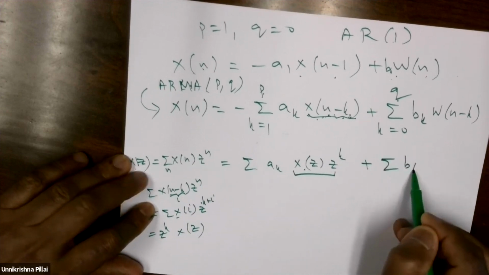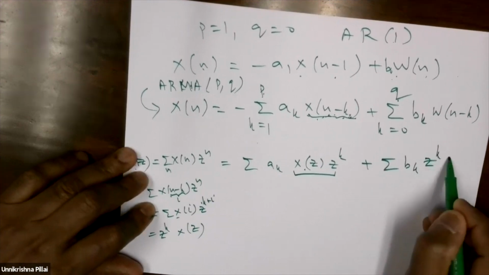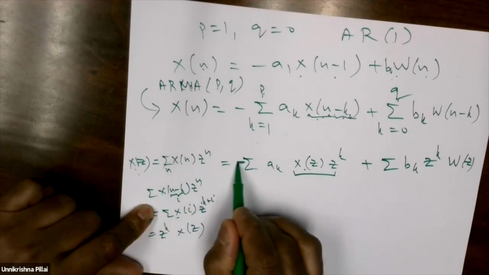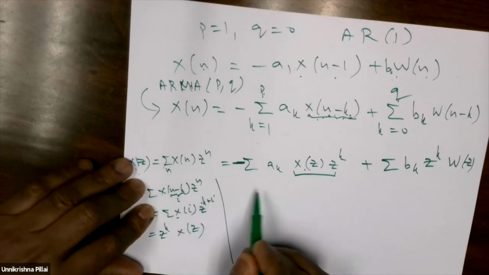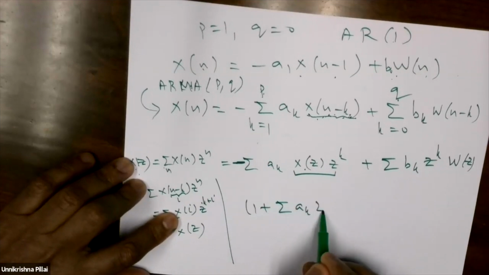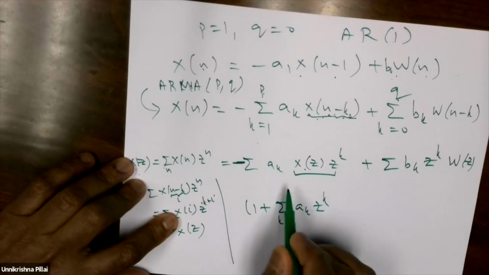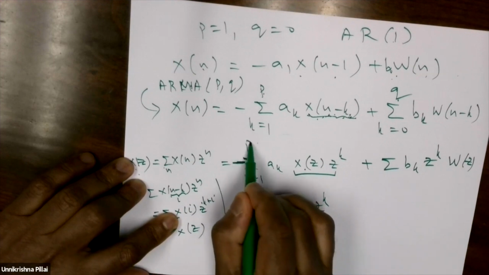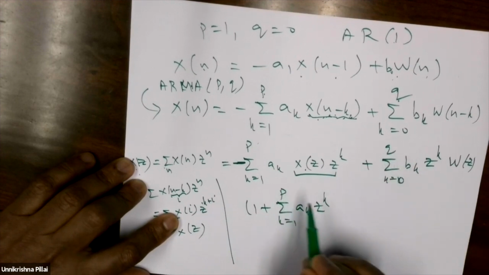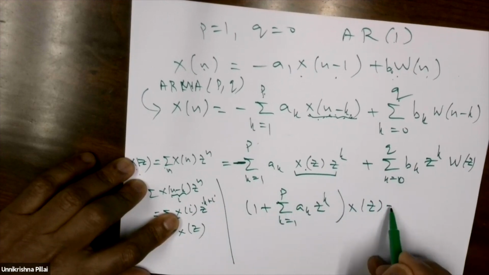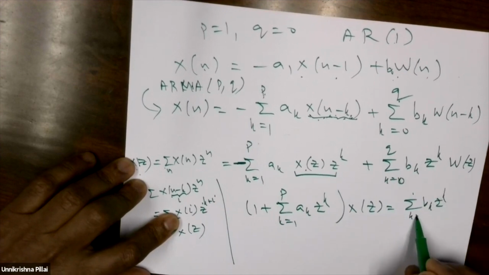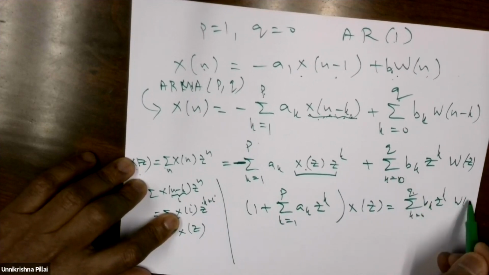Similarly here, b_k z to the power minus k multiplied by W of z. This is X of z. So there's a minus sign here. Let me collect all the X of z terms together. So I get 1 plus sigma a_k z to the power minus k, where k goes from 1 through p, and here k goes from 0 through q, multiplied by X of z is sigma b_k z to the power minus k times W of z.